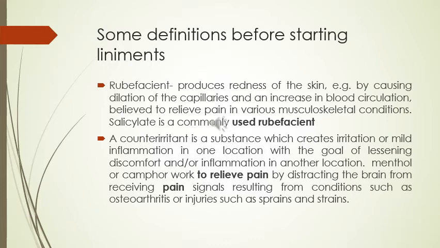It will be showing some inflammation or pain in some other area. Therefore, that is called a counter irritant. So menthol or camphor works to relieve pain by distracting the brain from receiving pain signals resulting from conditions such as osteoarthritis or injuries such as sprains and strains.